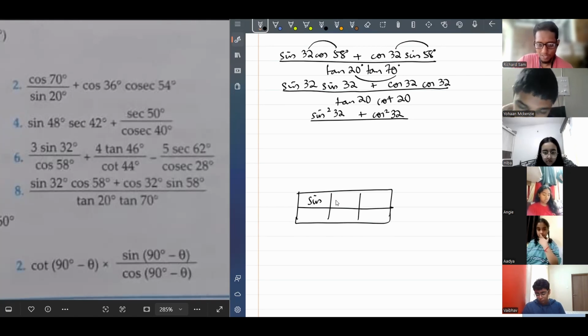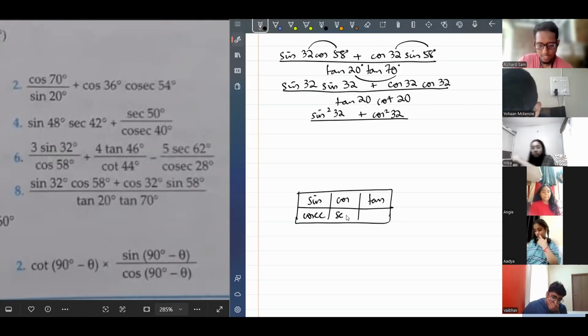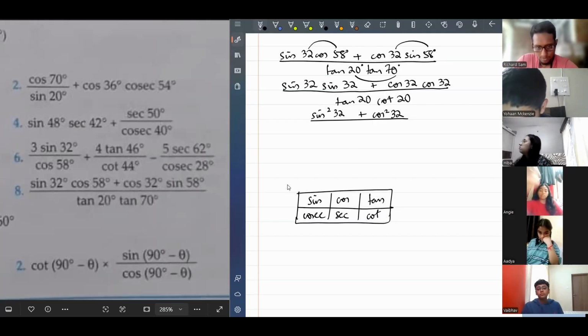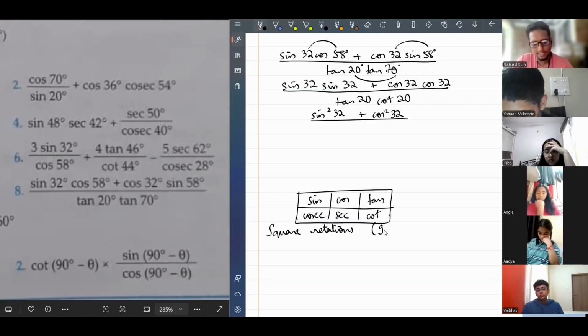Always you have to write this small table, that is sine, cos, tan, and their reciprocals, which is cosec, sec, and cot. Okay. Now look at this very carefully. These are called square relations. We also call them trigonometrical identities.